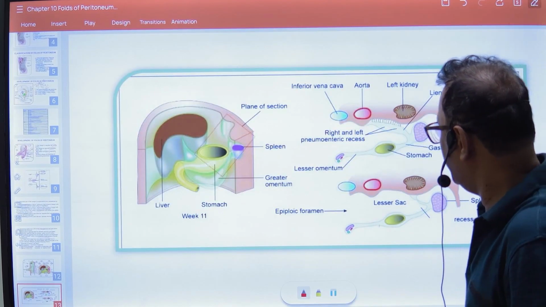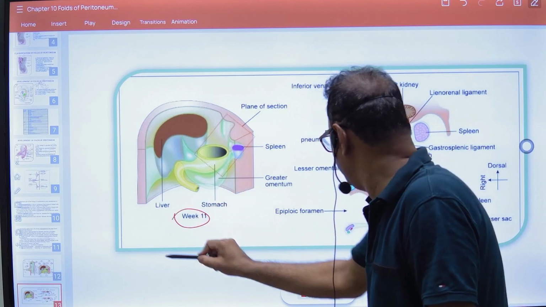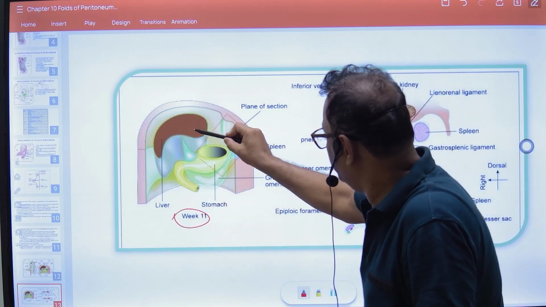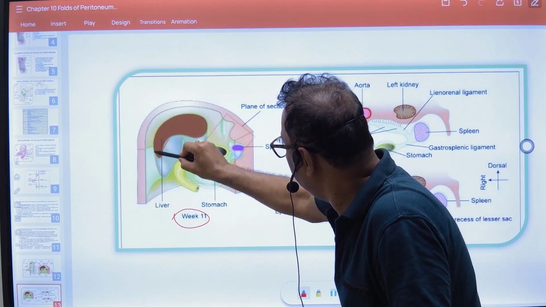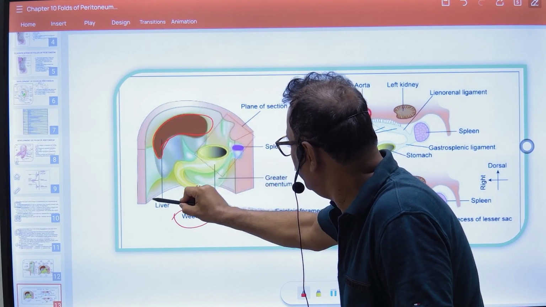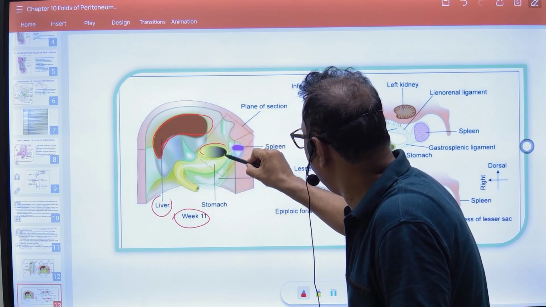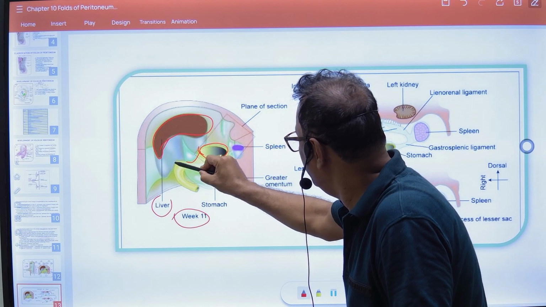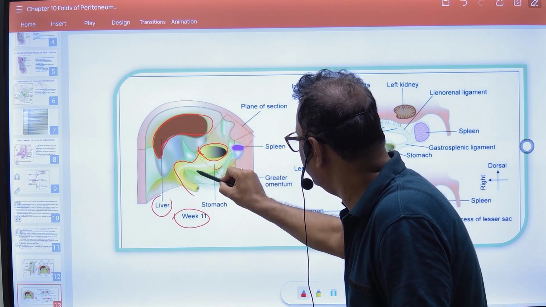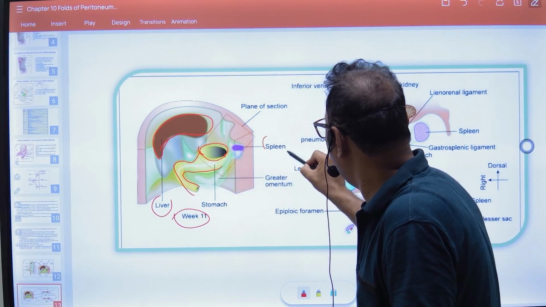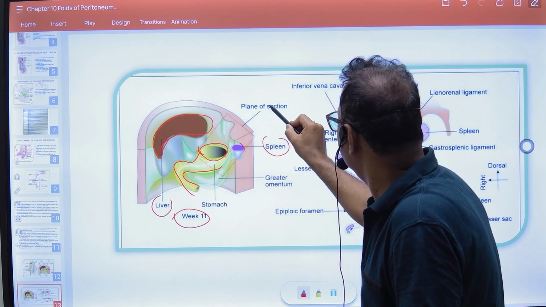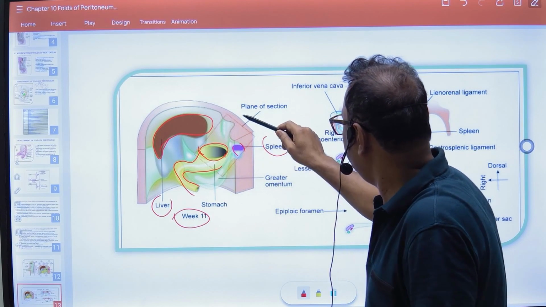You see in this diagram that week 11, the liver is again over here, and we have got the development of the spleen over here. The stomach over here, part of the foregut region, and we have got the spleen over here. This is the plane of section.